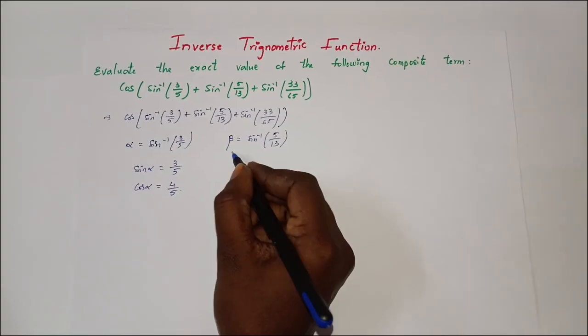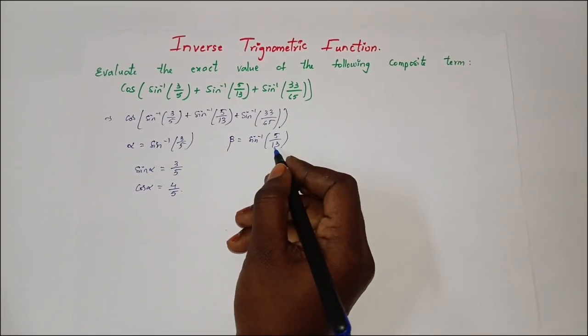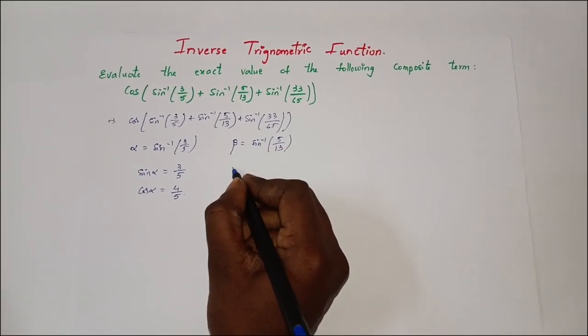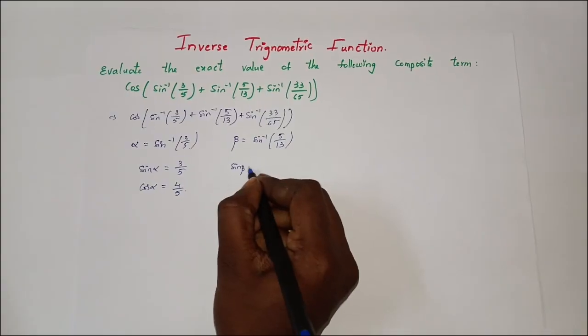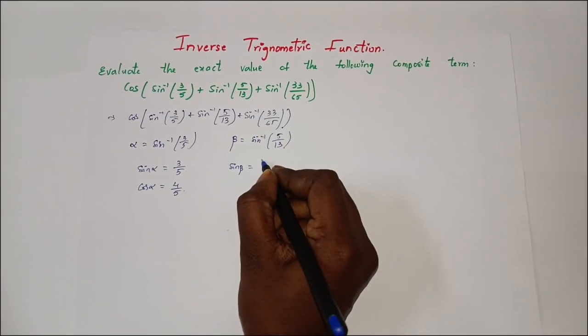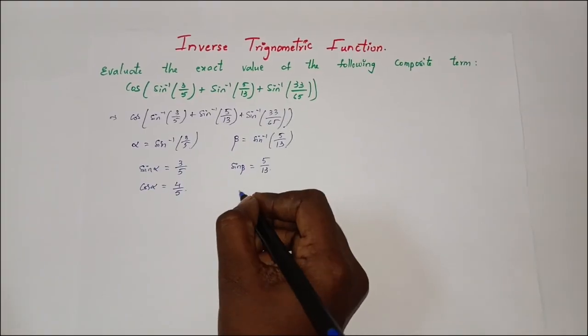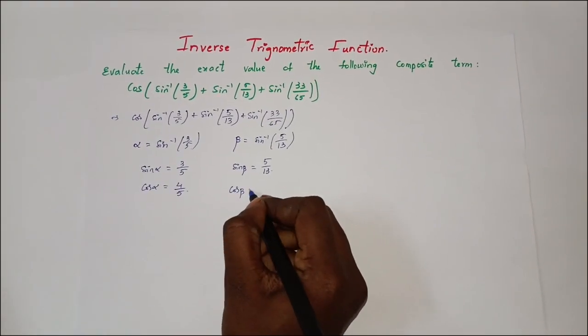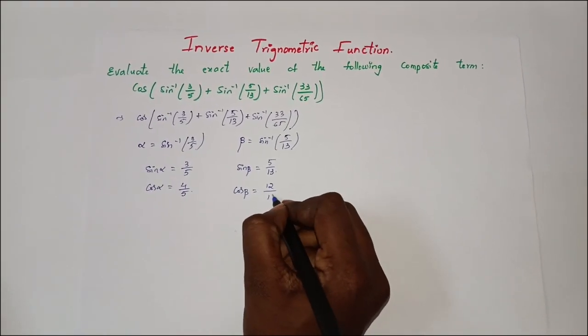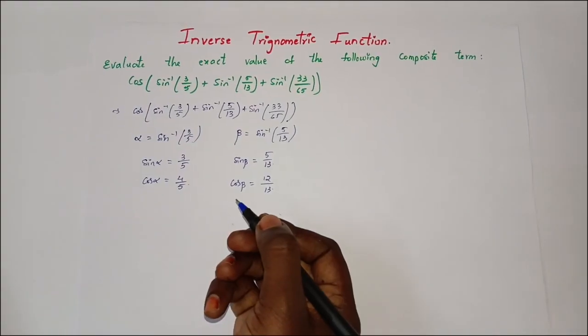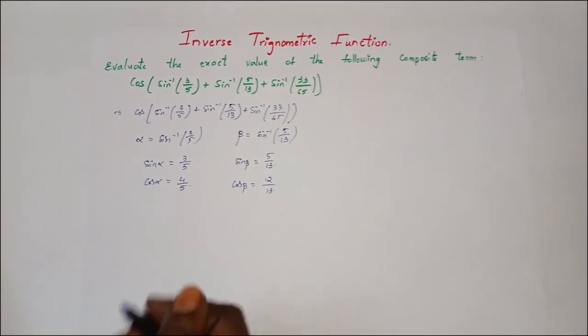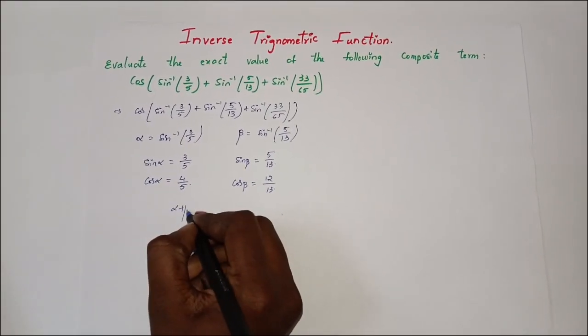Here beta is equal to sine inverse 5 by 13, which can be written as sine beta is equal to 5 by 13, whereas cos beta can be written as 12 by 13. Now let us add the angles, that is alpha plus beta.